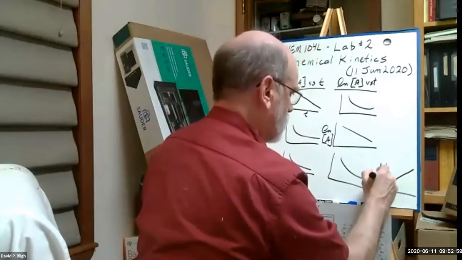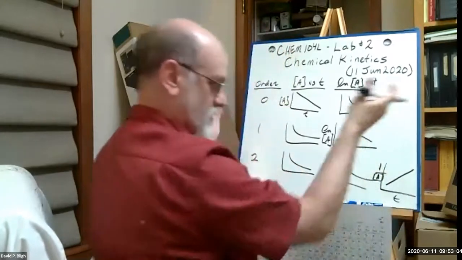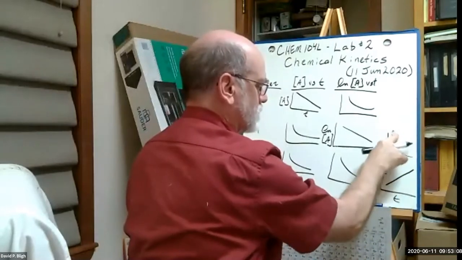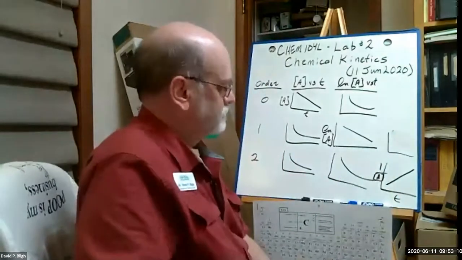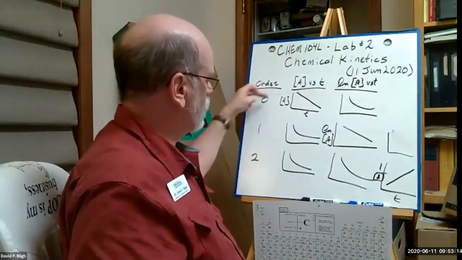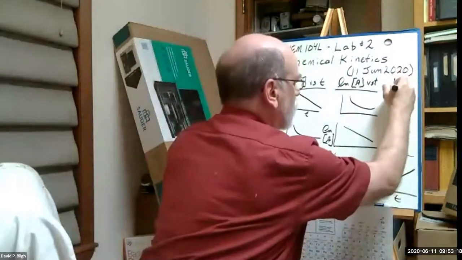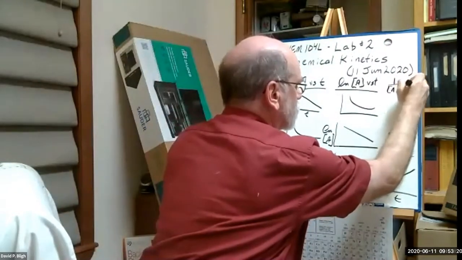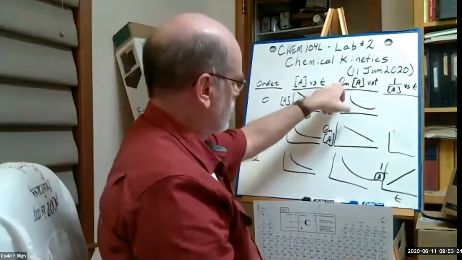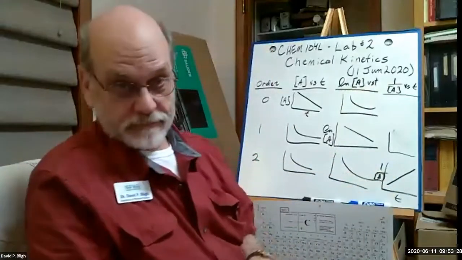Right? 1 over absorbance versus time, we get a straight line. And for these others, well, actually they don't matter. The straight line for zero order would be the plain absorbance data set. 1 over absorbance versus time. Natural log would be first order. Second order would be inverse.